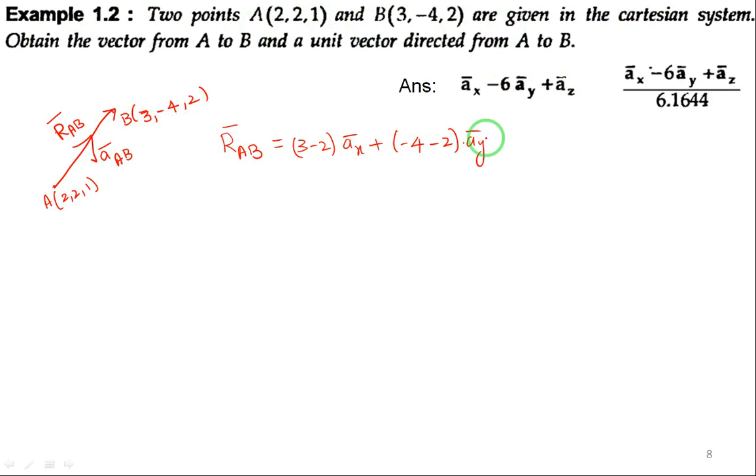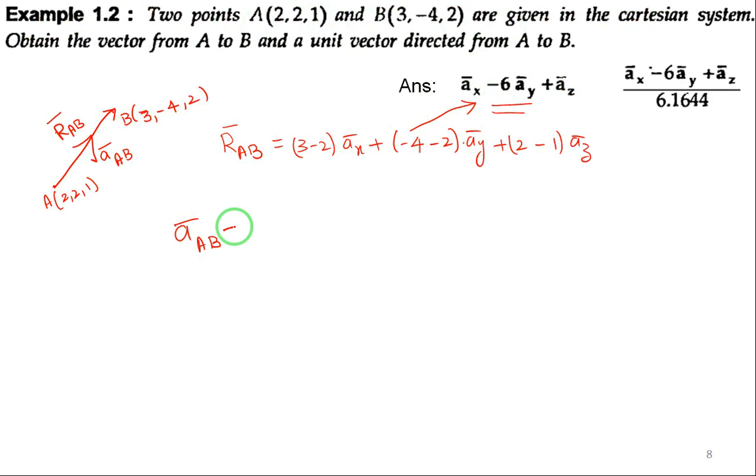Then subtract the z coordinates: 2 minus 1, into AZ vector. Finally you will get this vector: 1 AX minus 6 AY plus 1 AZ. This is RAB vector. Then you have to find the unit vector directed from A to B, that is AAB.